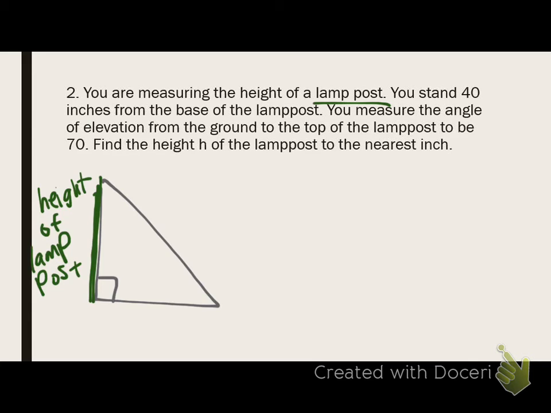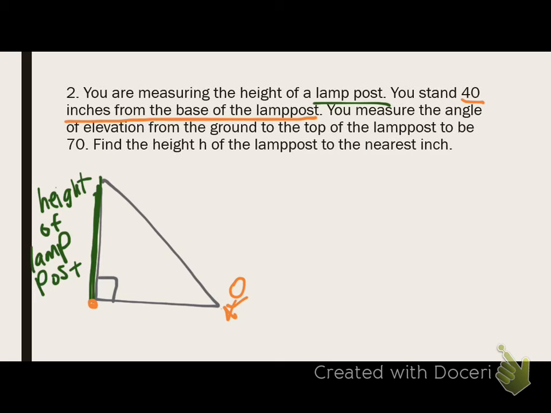All right, and then it says you stand 40 inches from the base of the lamppost. So if this is the lamppost, where is the base of the lamppost? The bottom left. You stand 40 inches from the base of the lamppost.